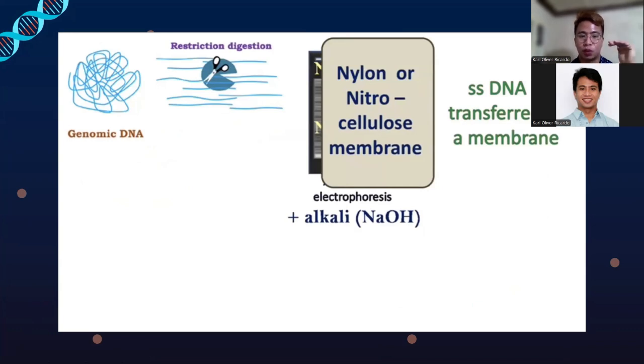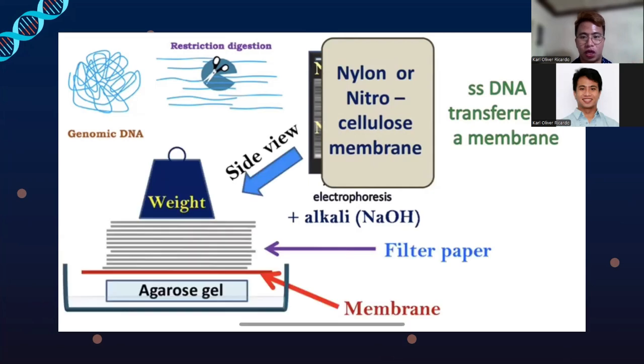Our membrane is what we call the nitrocellulose membrane. By placing the membrane on top of the transfer, we get capillary action. It usually occurs by capillary action once we have transferred everything from our gel, our agarose.